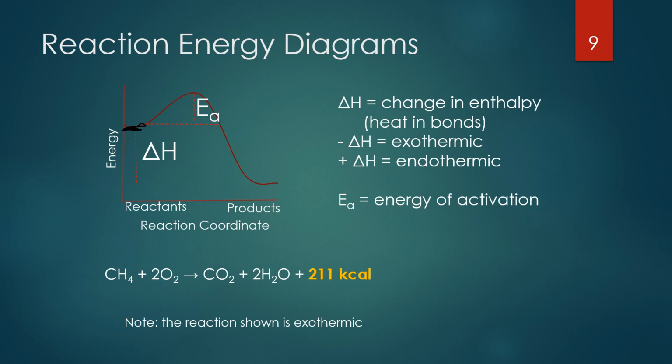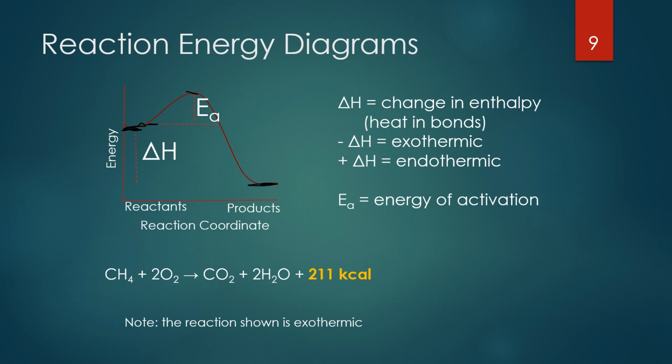So those reactants have to climb this hill, this activation energy, to get the reaction started. Now the products in this specific reaction energy diagram are down here. So our EA is the amount from the reactants to the top of the hill. So reactants to the top of the hill is our activation energy.